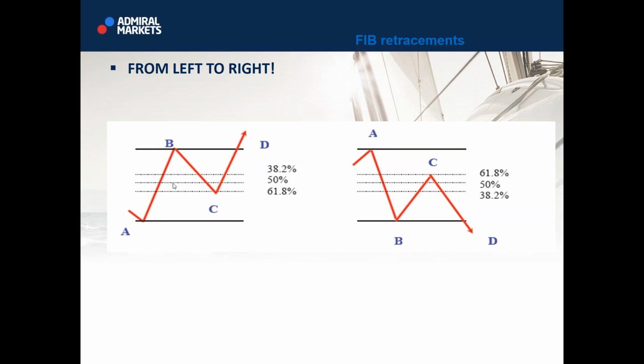Because of that, we draw our Fibonacci from left to right, always from bottom to top in uptrend and from the top to the bottom in downtrend. Okay? Don't forget it, because despite all of the information Chris and I have been providing you with, some traders still think that they can draw Fibonacci from right to left, which is totally wrong. Don't forget, guys.